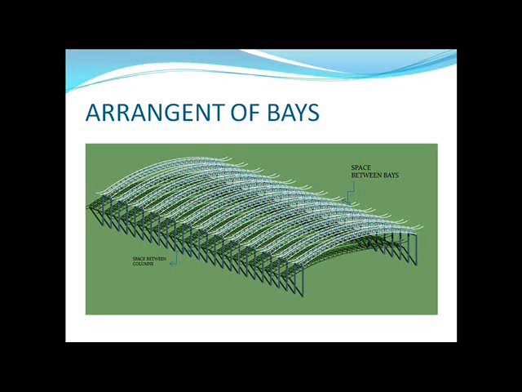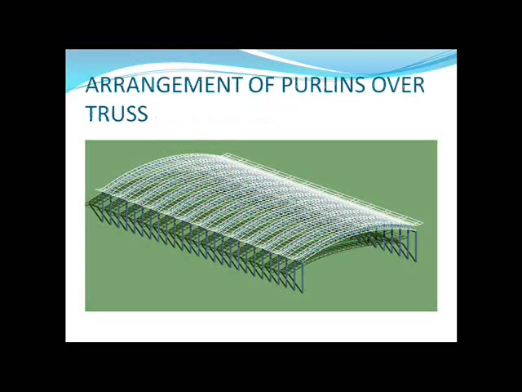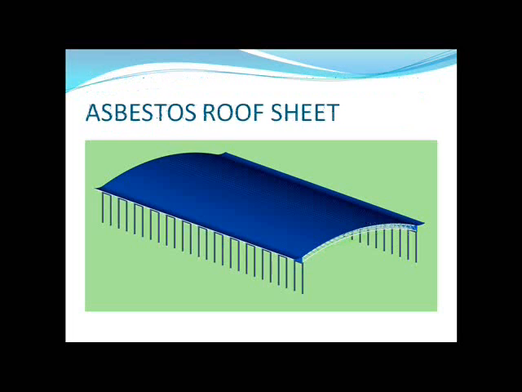This diagram consists of a series of trusses with spacings between them. Even the columns are given some spacing between them. In this diagram, we can see that purlins are laid over the trusses in the perpendicular direction, and then asbestos roof sheeting is made over the purlins.